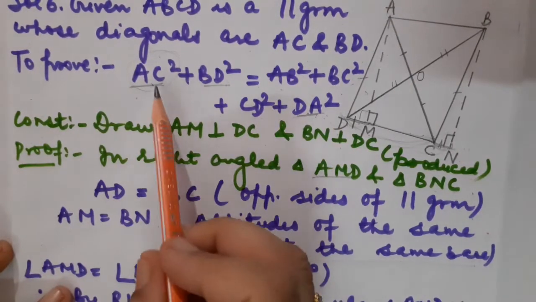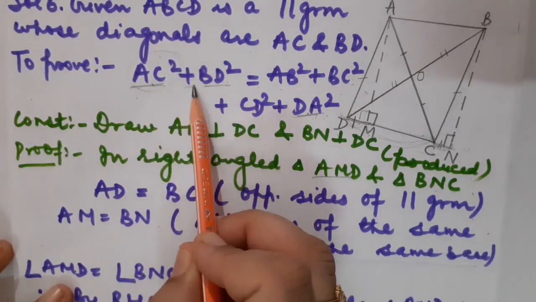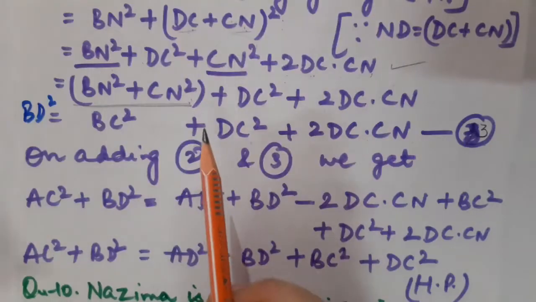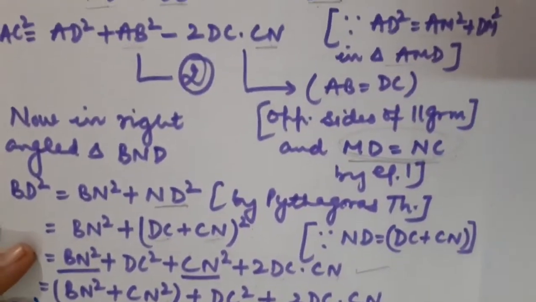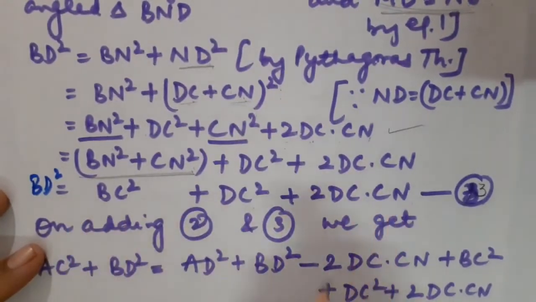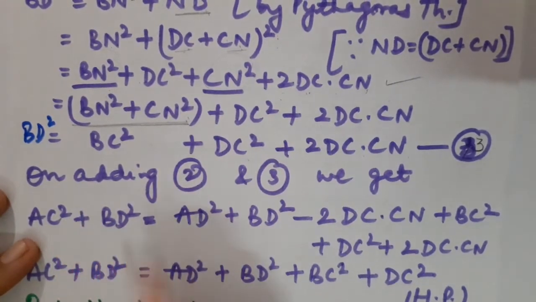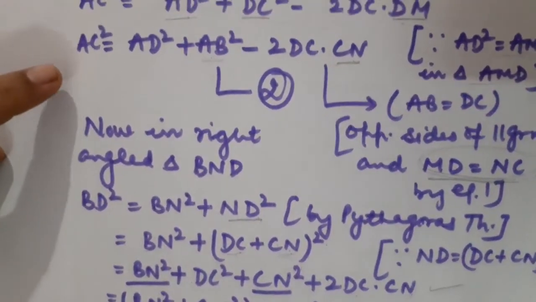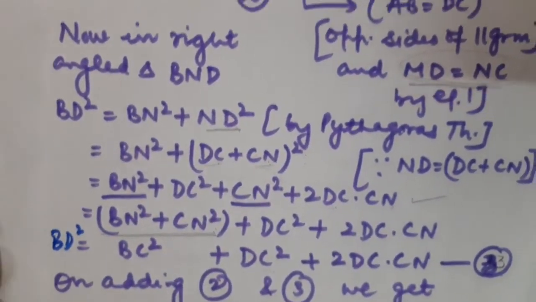Now children, after calculating AC square and BD square, you can see that there is a plus sign. So definitely we will have to add equation number 2 as well as 3. This is equation number 2 and this is equation number 3. So let us start adding them. While adding, I have got AC square plus BD square. This is left hand side. You can see here it is AC square plus BD square. Okay? Is equal to.